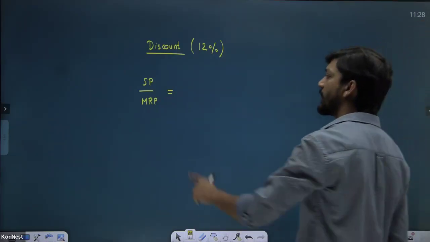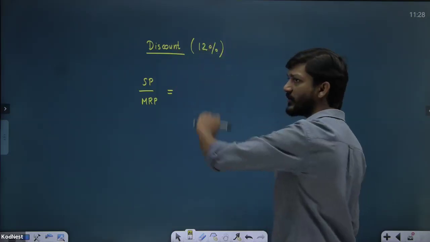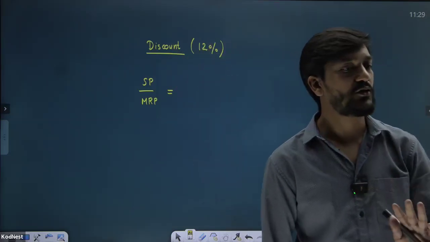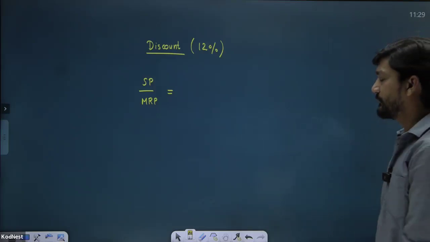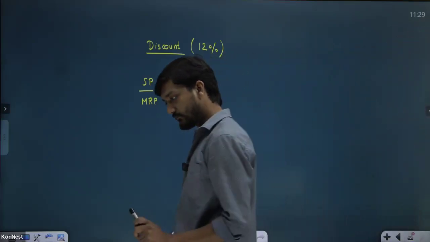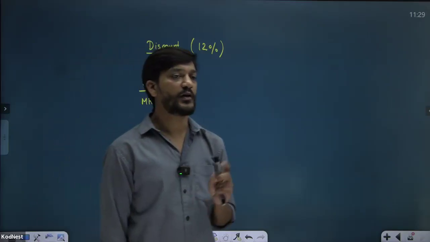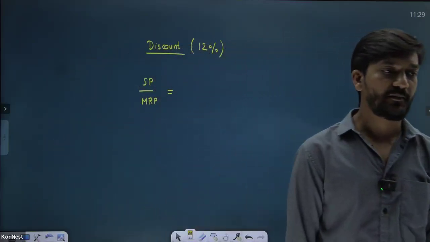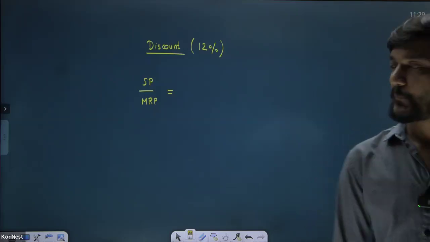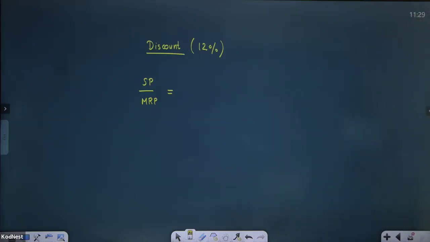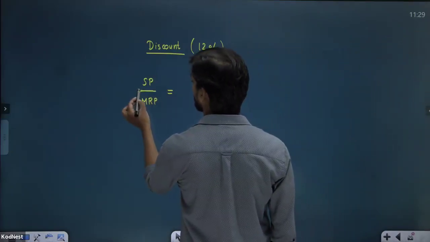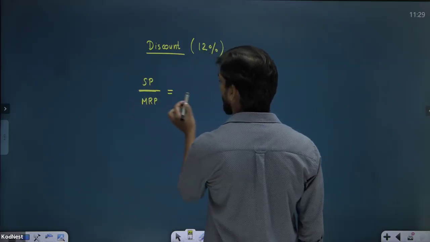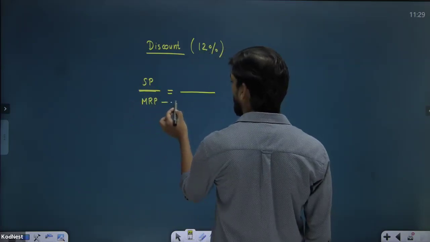Yes, from selling price, we can calculate MRP, but discount percent must be there. Okay, discount percent must be there. All right. So what relation, what value will this be? In terms of fractions. Identify the base. The base is MRP.